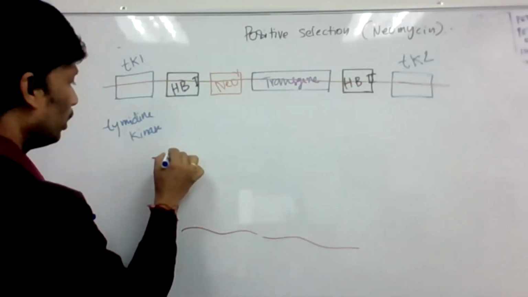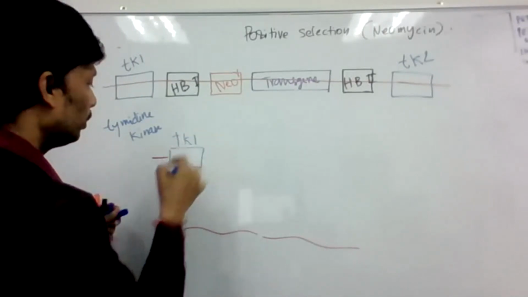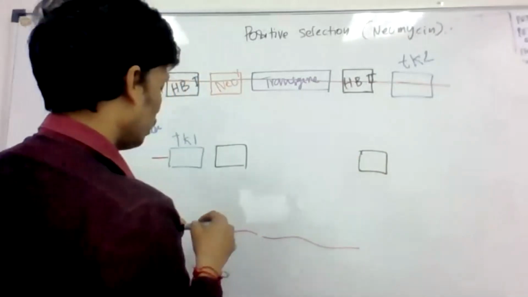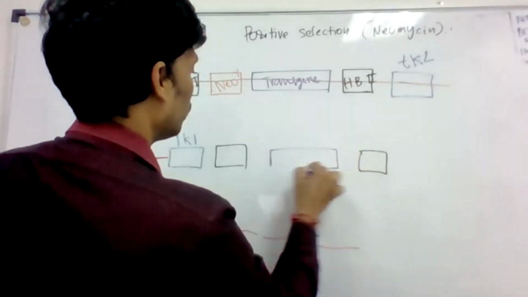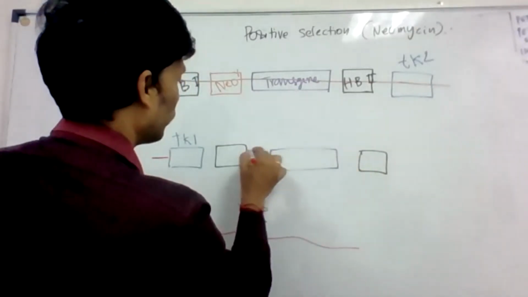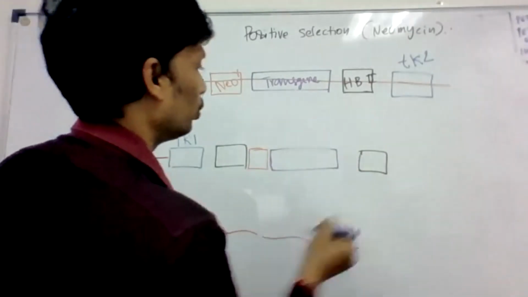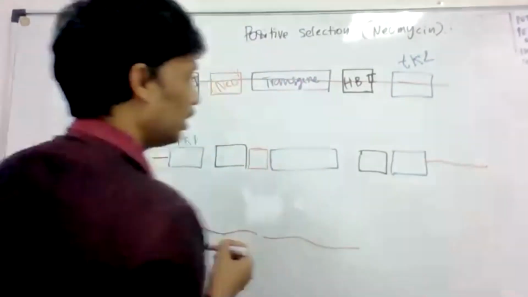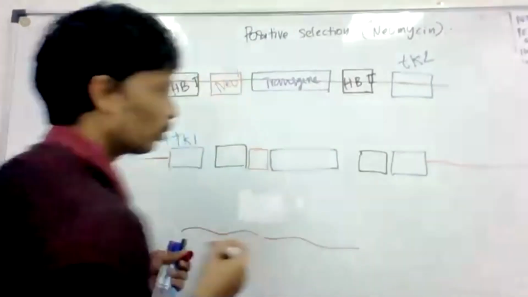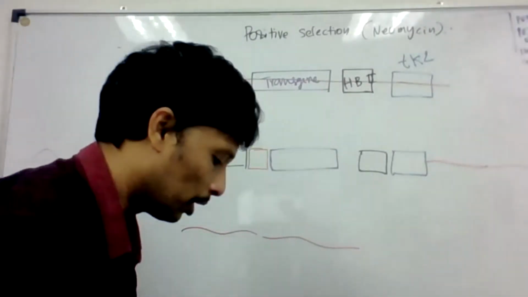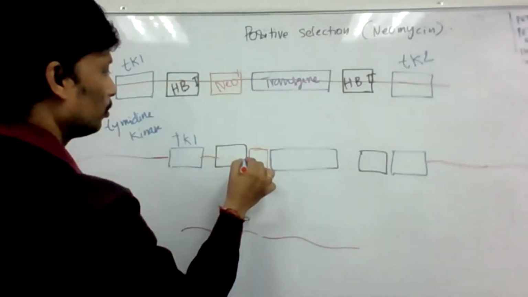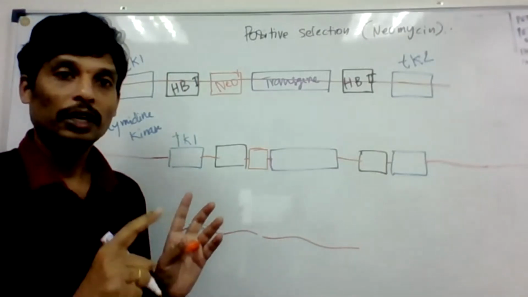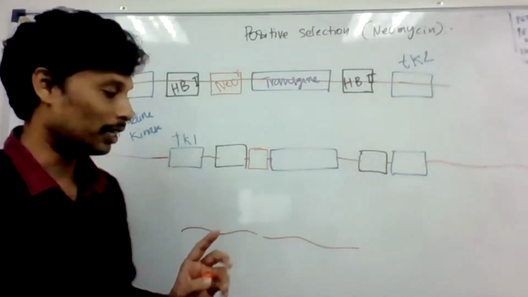Genomic DNA will be there, and you will have thymidine kinase 1, then homologous block 1 and homologous block 2, then the transgene, then the neomycin resistant cassette, and also thymidine kinase 2. Everything will be there in the big genome, the chromosome, along with your gene of interest. So when all of it is present, it has undergone random integration at a nicked DNA.